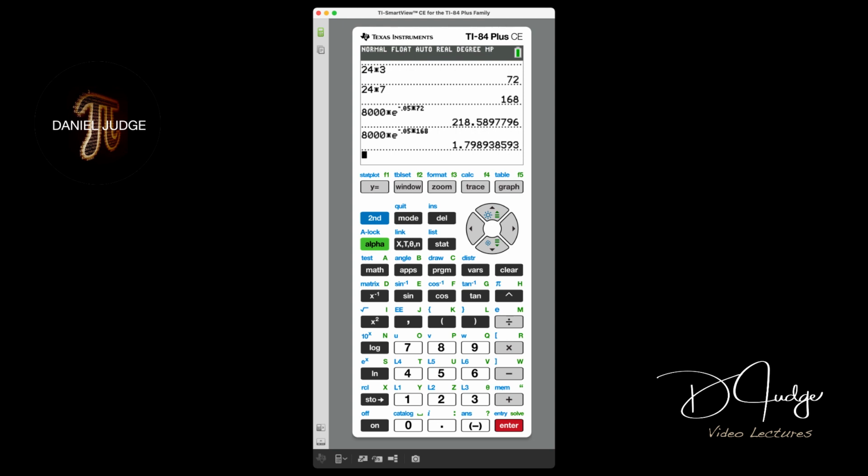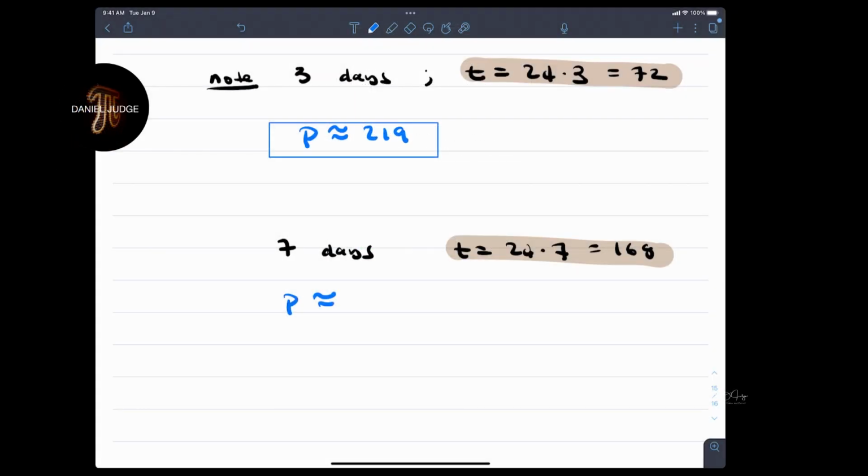Don't get off of the antibiotics. If you go to the nearest whole bacteria, 1.7 is about 2. So there's only 2 pieces of bacteria after 7 days. This is why they say take it for 7 days straight and don't ever stop taking your antibiotics, because you want to have that population decline. All right, ladies and gentlemen, this is real. This is the real deal.